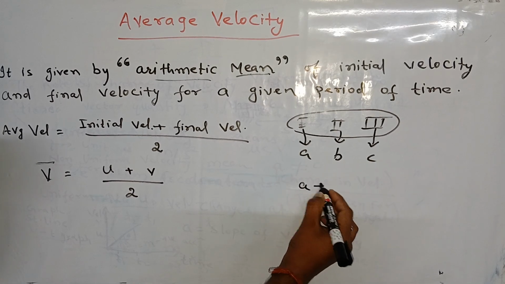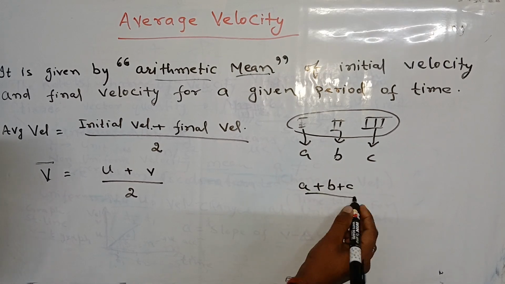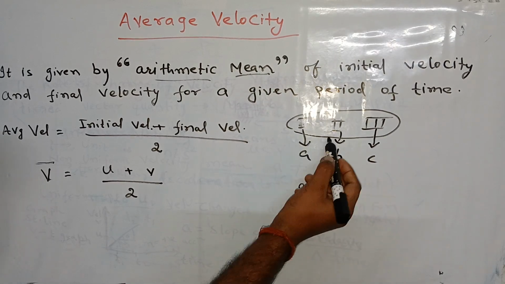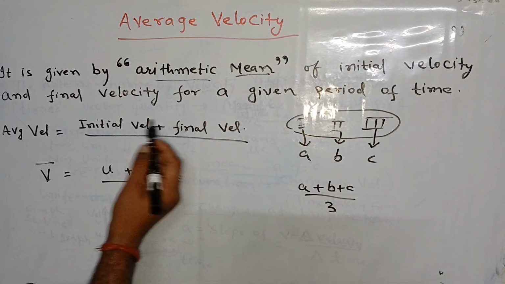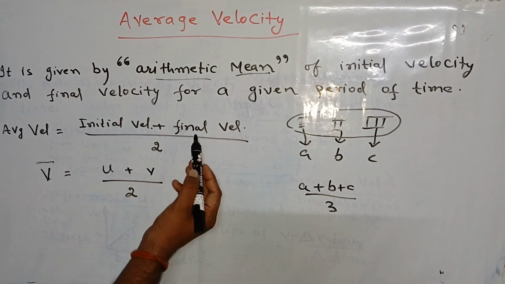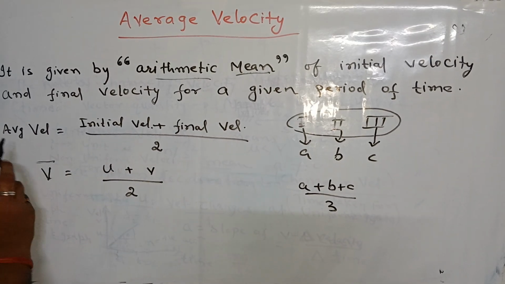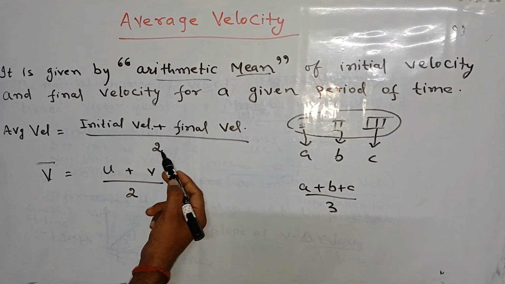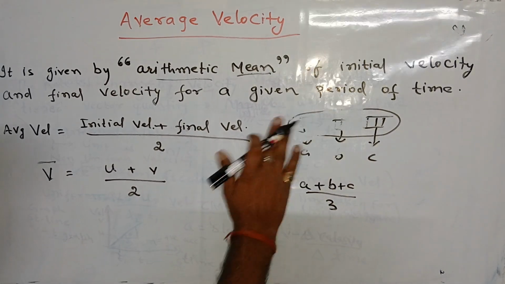Here we will get A plus B plus C upon 3. Why 3? Because there are 3 terms. But if we only discuss initial and final velocity, the average velocity can be calculated as initial velocity plus final velocity upon 2. So forget about this.